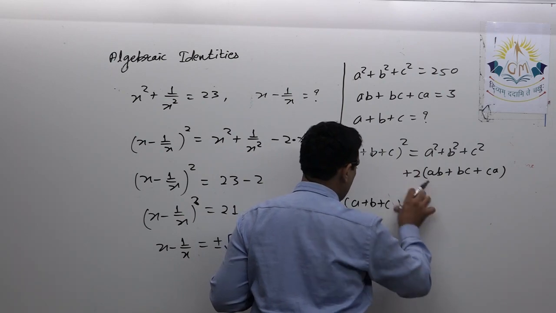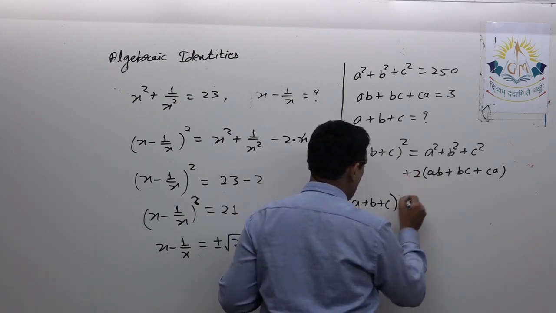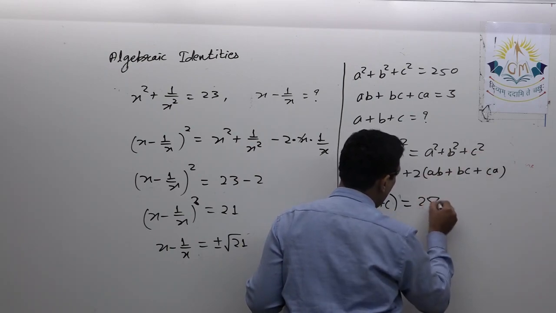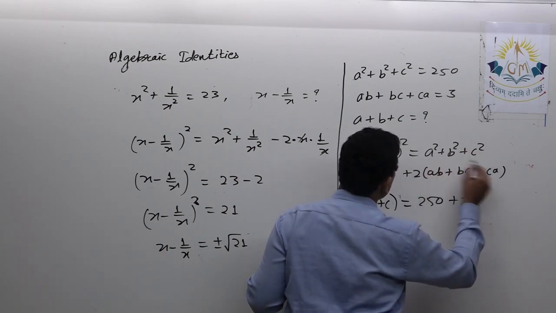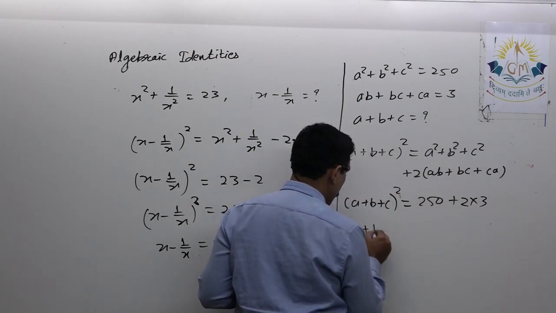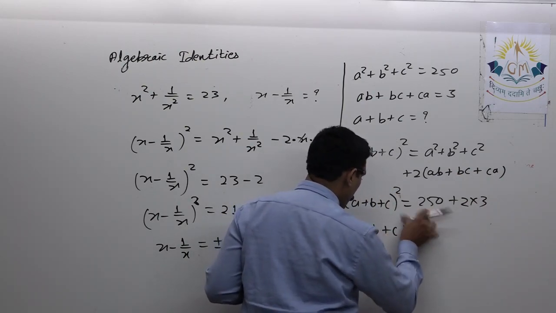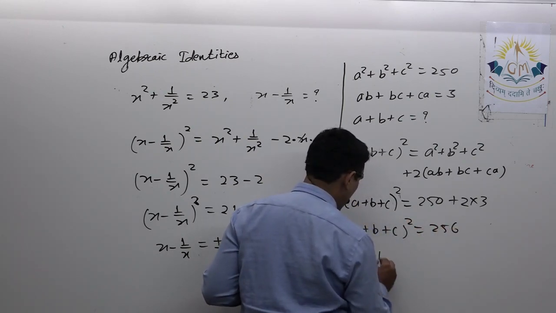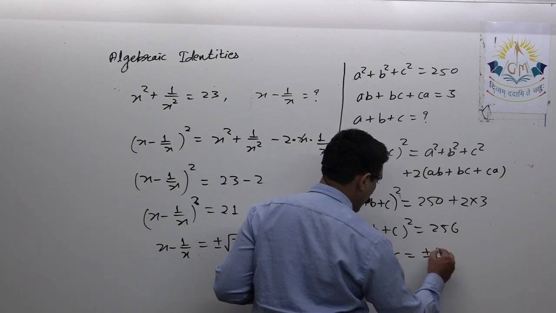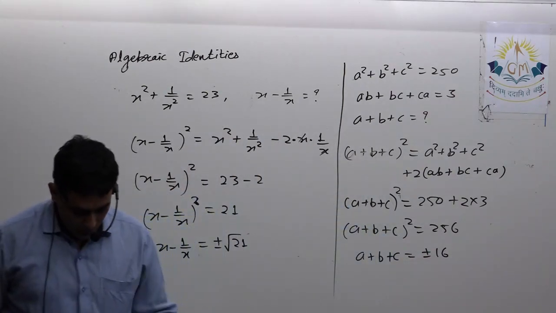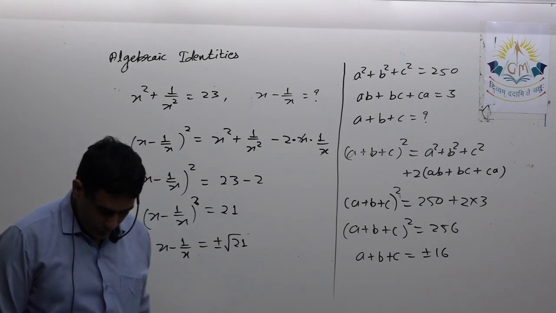We'll keep it as it is, equal to, now this value is given, 25, plus 2 into, this is again given, it is 3. So a plus b plus c whole square is equal to 31. So ultimately a plus b plus c is equal to plus minus root 31. Okay, now we'll see one more question.